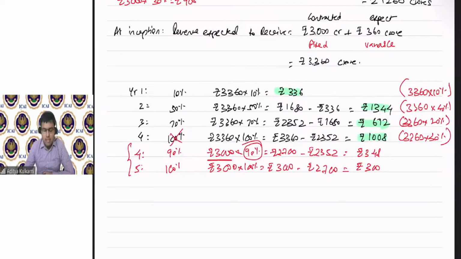So 3,000 into 90%, 2,700 minus 2,352, that gives you 348 crores. And then year 5, when you actually complete, it will be 3,000 into 100%. So basically, you end up with 300 crores. Are we clear with this?